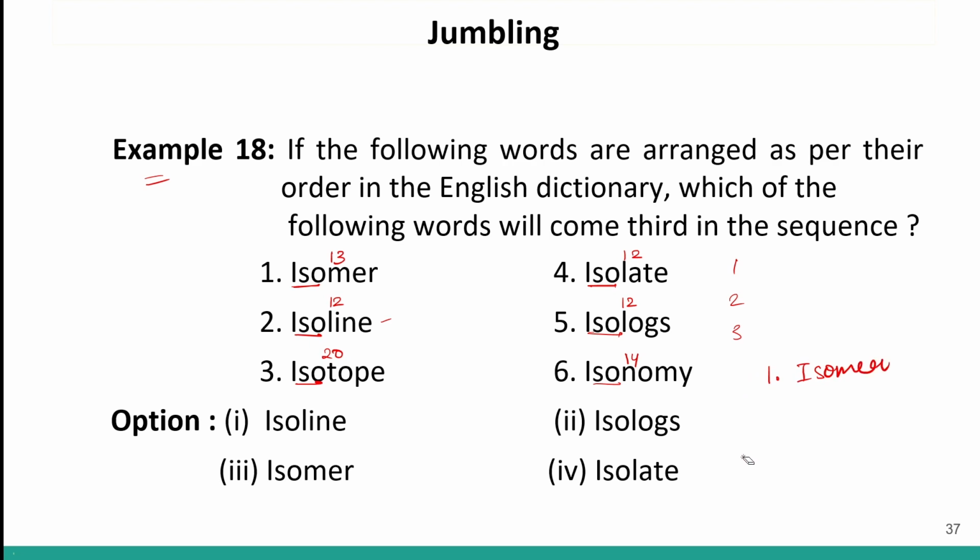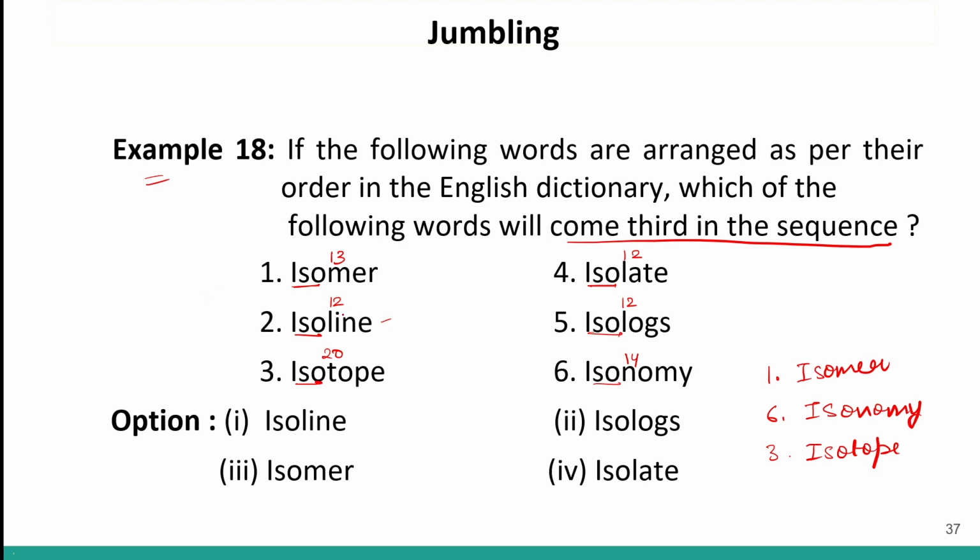Okay. Then we'll have 6 isonomy. And then we'll have 3 isotope. This we know. We have to find out which will come in third in the sequence. So 1, 2 and 3 we have to find out.